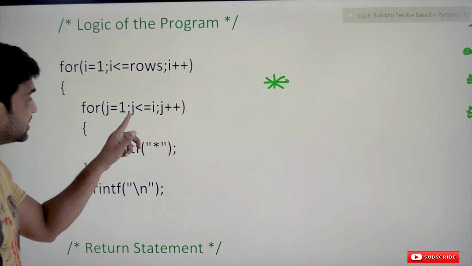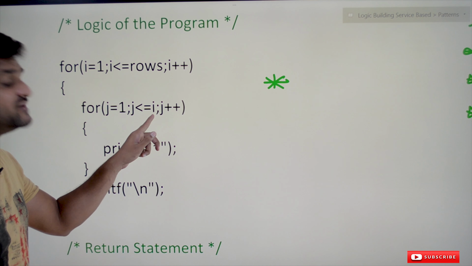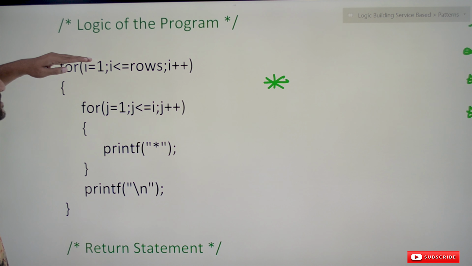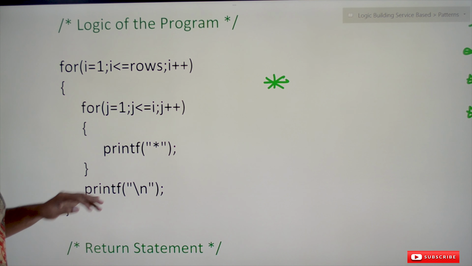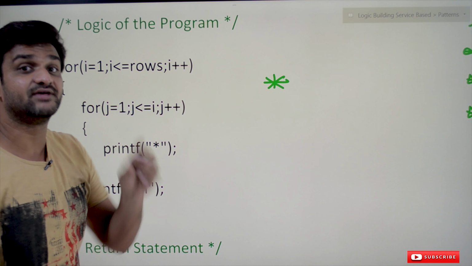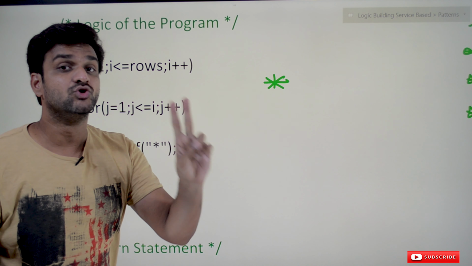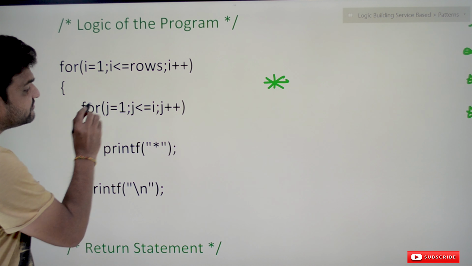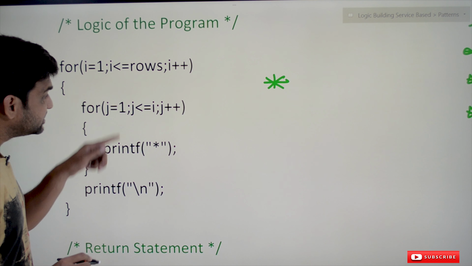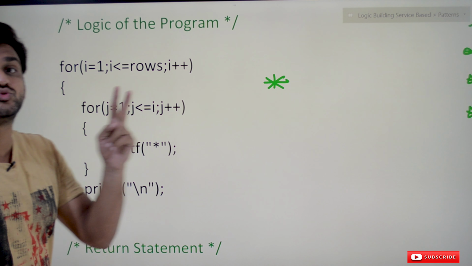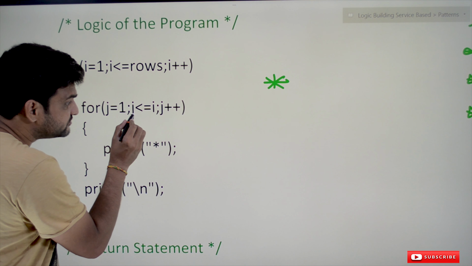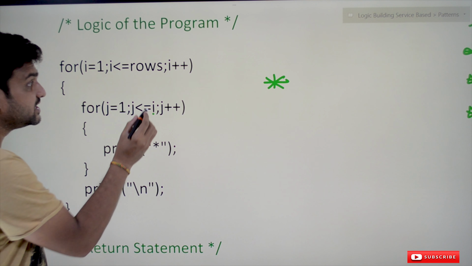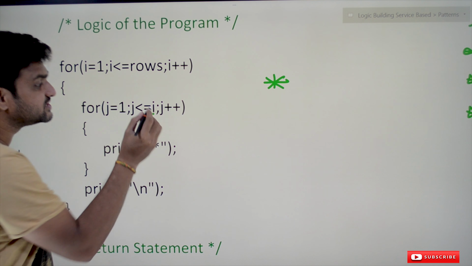This for loop is going to iterate I number of times. In the first iteration, the value of I is equal to 1. In the second iteration, the value of I is equal to 2. So when I is equal to 2, how many times will this internal for loop iterate? It will iterate 2 times, because j is less than or equal to I, and I is equal to 2.